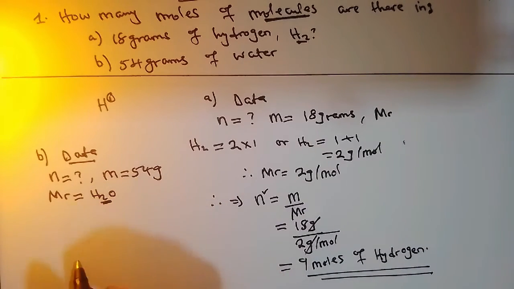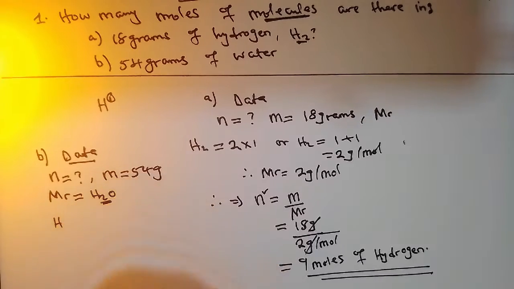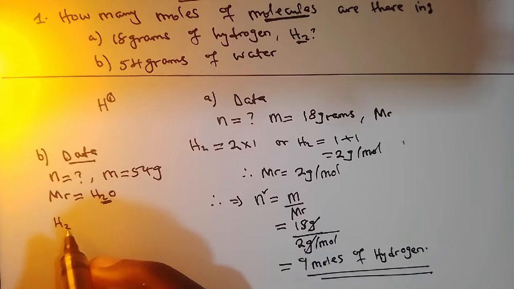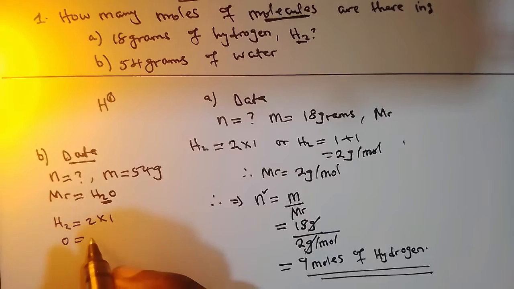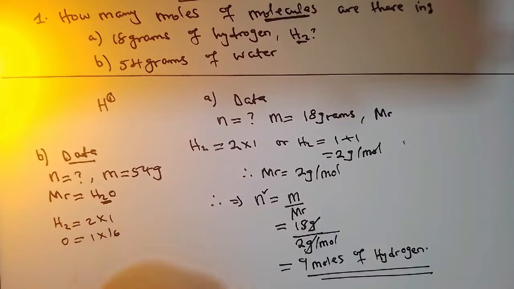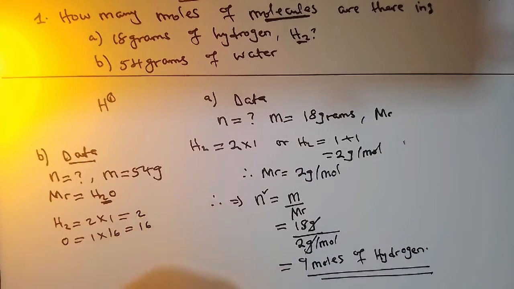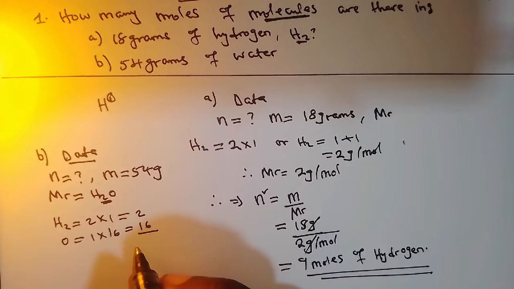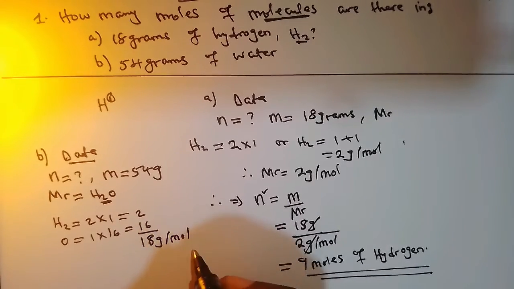Water is a compound, so we have to find the relative molecular mass. 2 hydrogen, the same as 2 times 1, and 1 oxygen with mass number 16. So this gives us 2 and 16. We add them, meaning 2 plus 16 is 18 grams per mole.